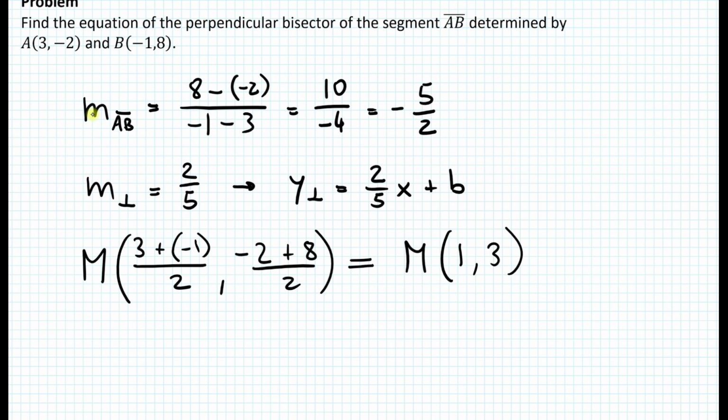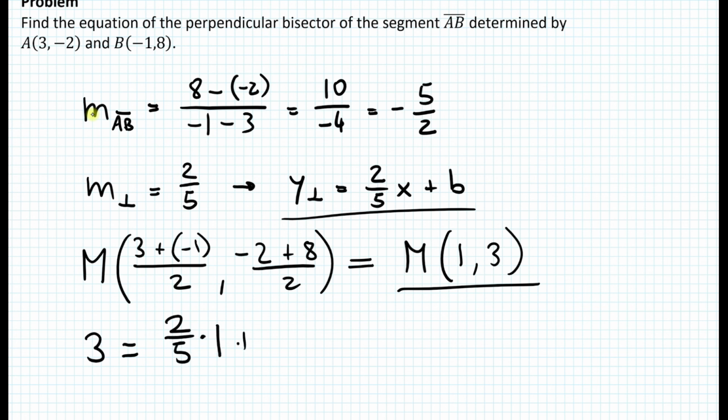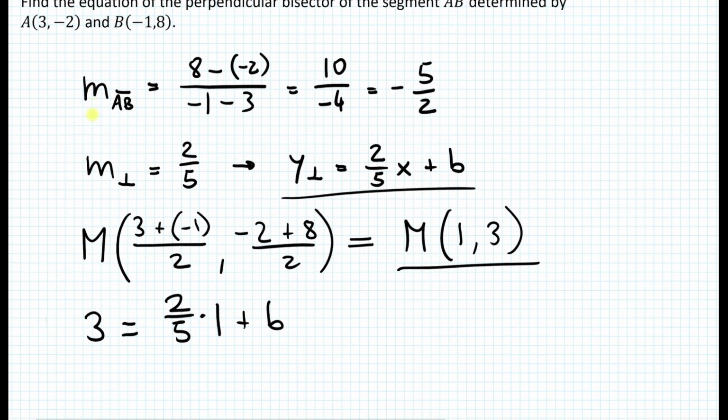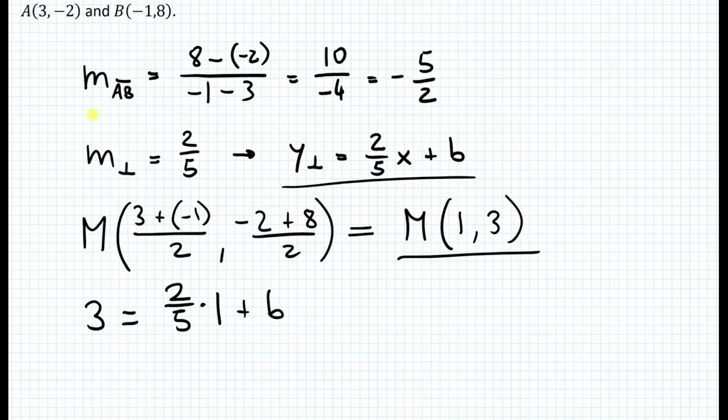Okay, so now we have the midpoint and we have the equation here, okay? So what can we do at this point? Just substitute the coordinates of the midpoint in the perpendicular bisector equation. So here we have 3 equals 2/5 times 1 and then plus b. And now we just want to solve for the b value, okay?